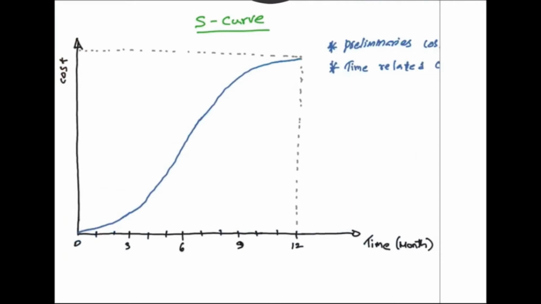So if we consider the delay event happening between the second month and the third month, this curve will shift like this into the new completion date, the 13th month.